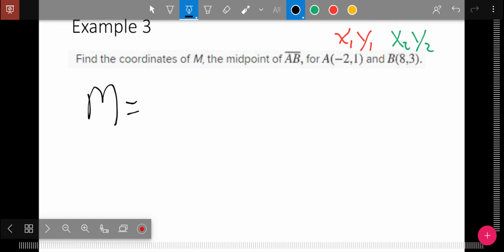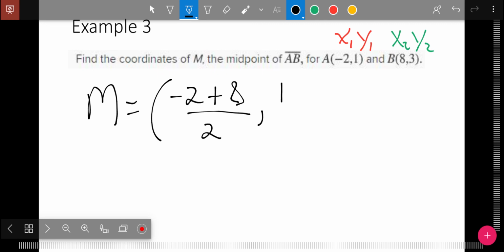The midpoint is x1 from A, which is -2, plus x2 from B, which is 8, divided by 2, comma, because it's going to be a point.